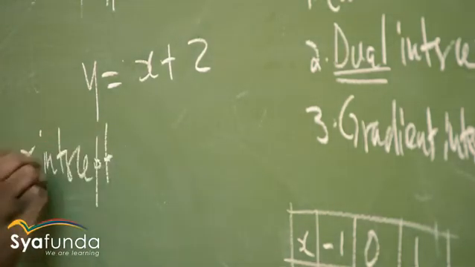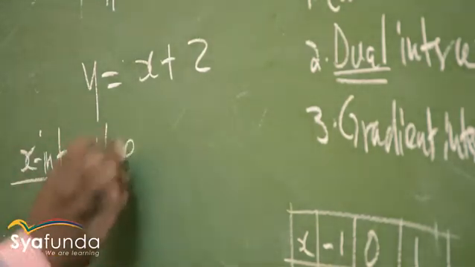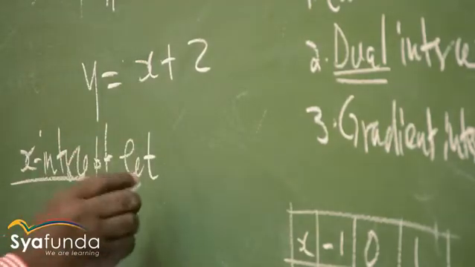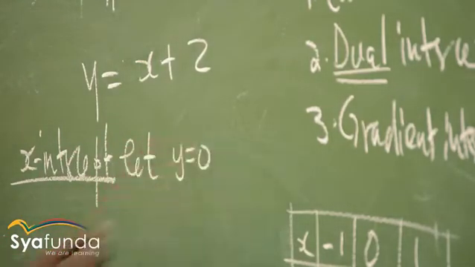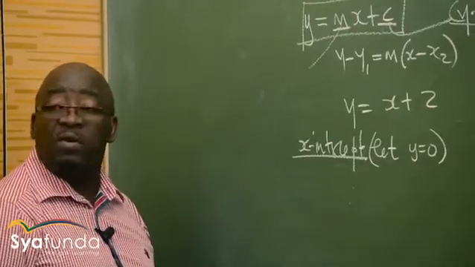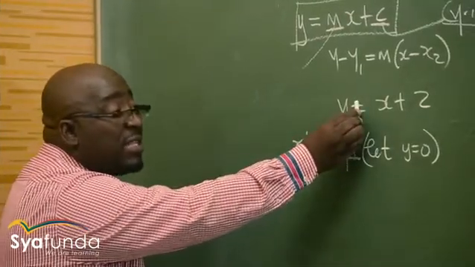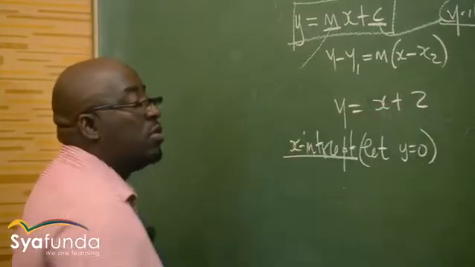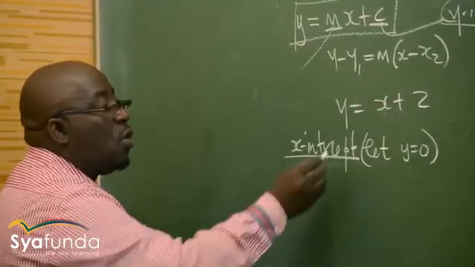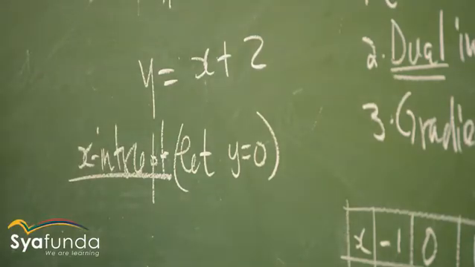We let Y equal to 0. That is what we do when we're looking for the X-intercept. Remember, we've got y = x + 2. Let's work it out. Wherever there is Y, you put 0.